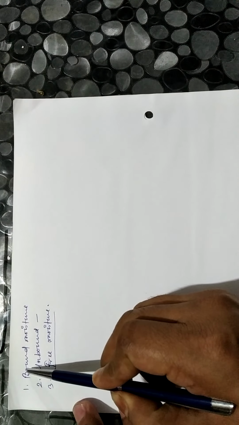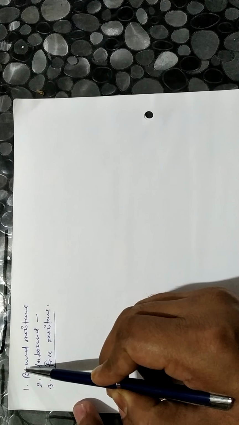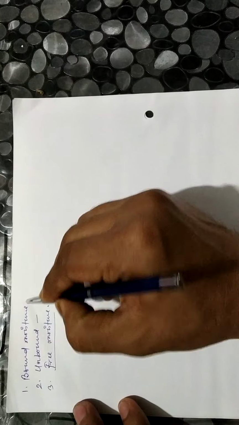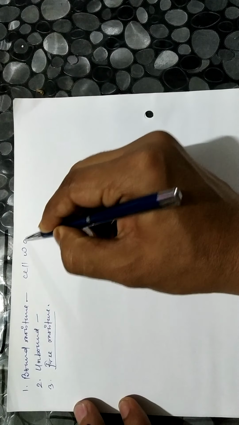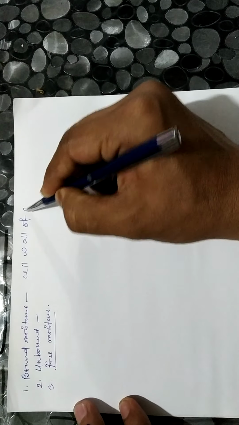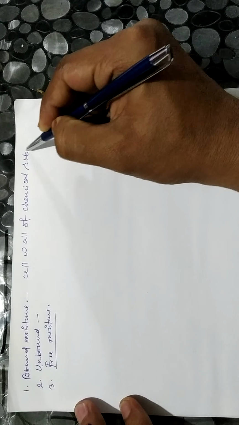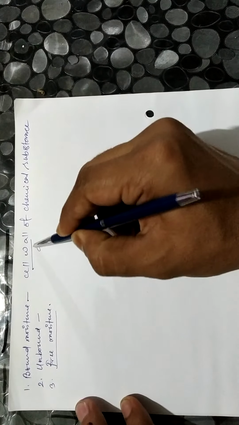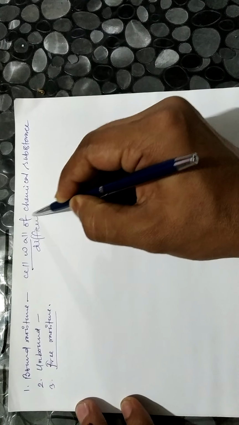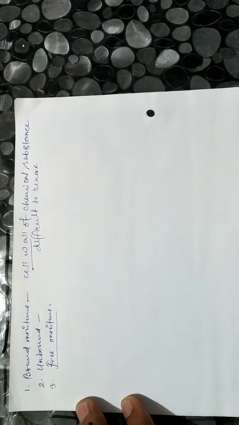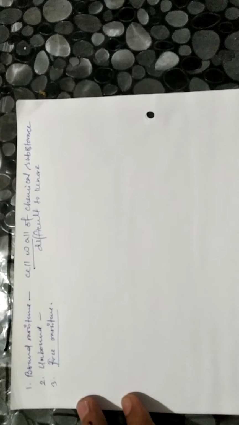Bound moisture is the kind of moisture which is mixed with the cell wall of the chemical substance, which is difficult to remove since it is contained in the grains in a bound form.